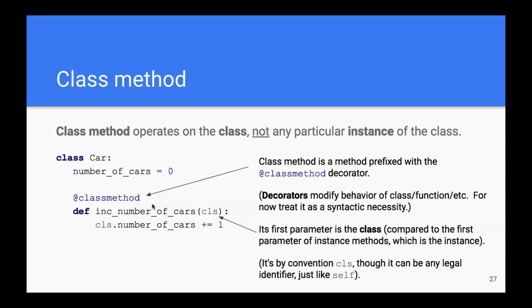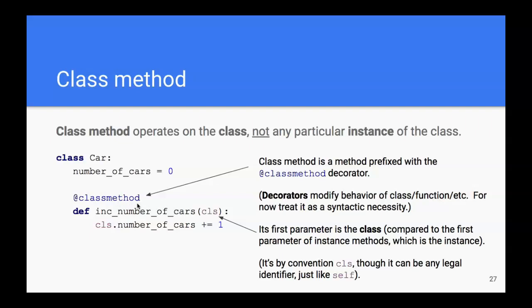So this is called a decorator. What decorators do is modify the behavior of classes and functions and methods, etc. It's a fairly advanced topic, but for now, let's just remember, in order to define a class method, we have to use the @classmethod decorator.